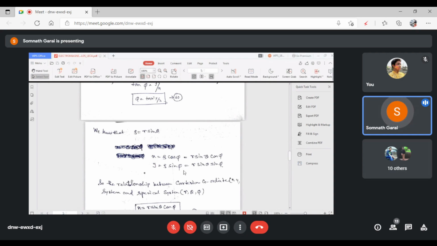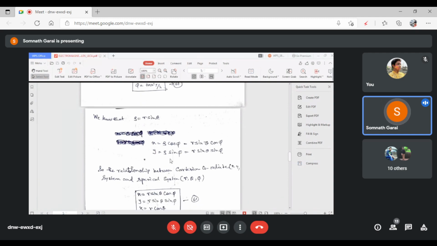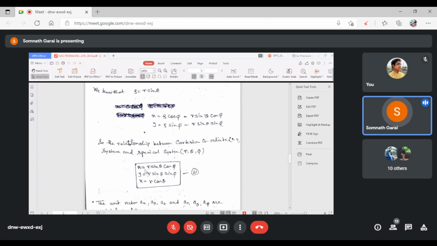So that is the relationship of the x, y, z Cartesian coordinates with respect to spherical coordinates. So x is equal to r sin theta cos phi, y is equal to r sin theta sin phi, and z is equal to r cos theta, as I discussed earlier.